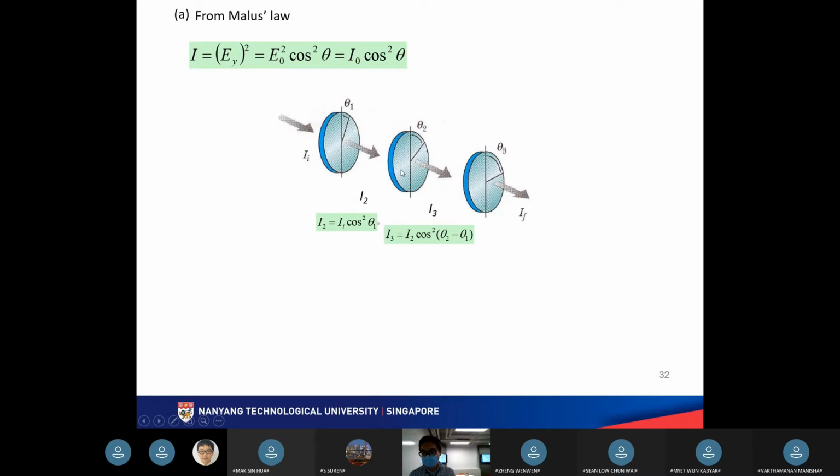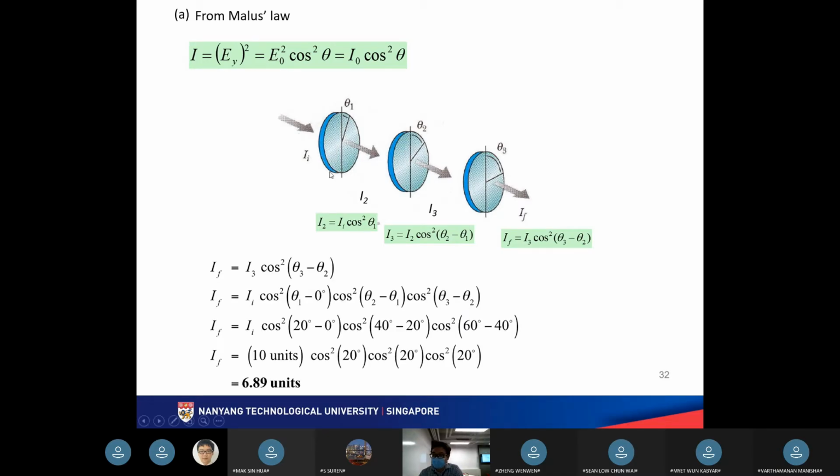So I3 will have the electric field along the theta 2 direction, so that it forms an angle theta 3 minus theta 2 with respect to the transmission axis of the last polarizer. So my final output IF should equal I3 times cosine theta 3 minus theta 2 squared. Okay? So I just substitute I2 and I3 to get this.